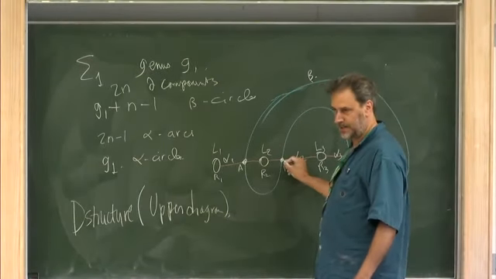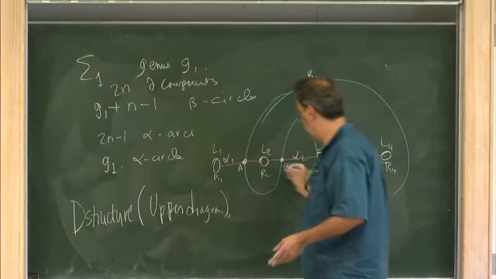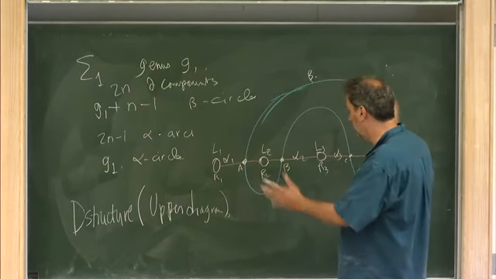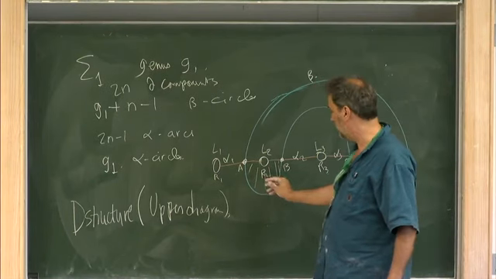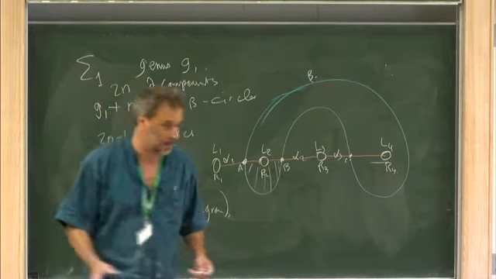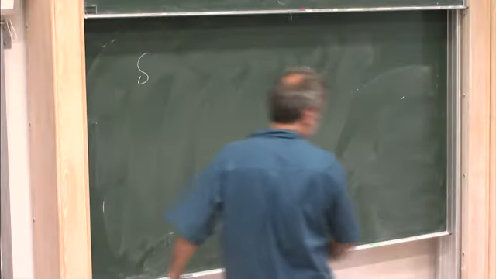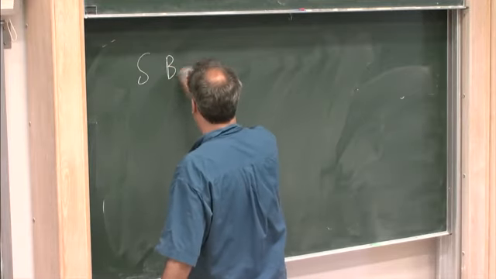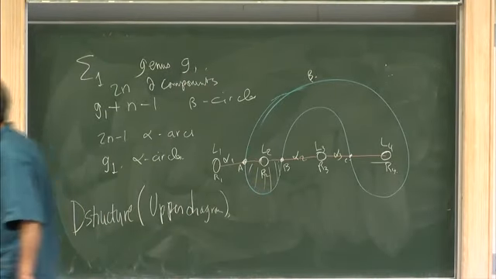If we think of these not as boundary points but as punctures, then there's simply a holomorphic disk that goes from B to A and crosses this R2. And that's going to be recorded by saying that the differential of B is equal to R2 times A.